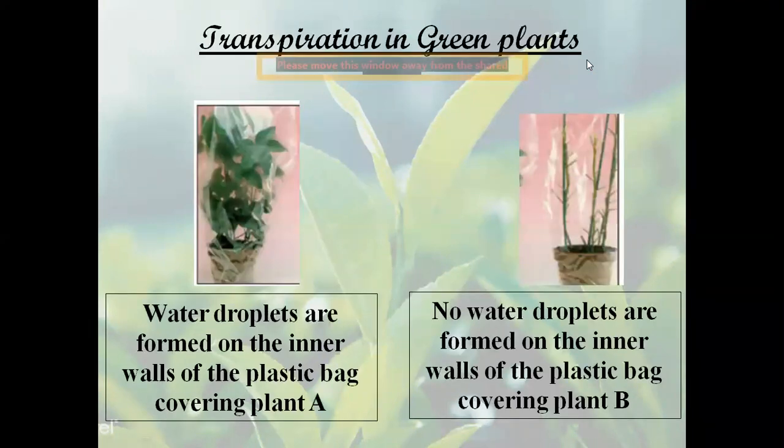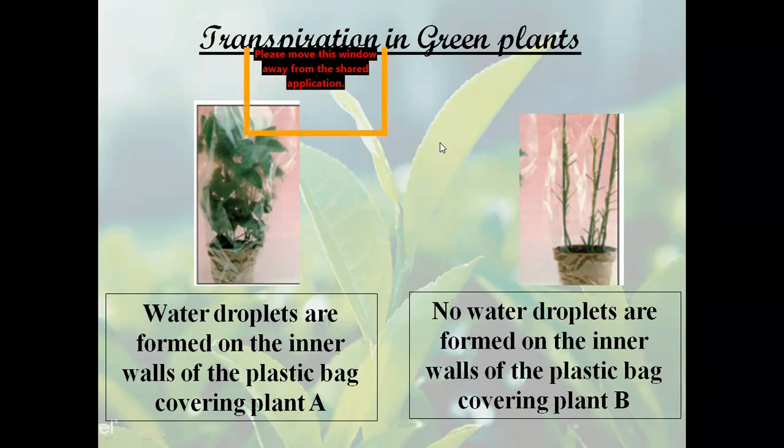We have two plants here, plant A and plant B. If I ask you what is the variable factor in this experiment, the variable factor is the leaf. In plant A, we have leaves. In plant B, we don't have leaves.